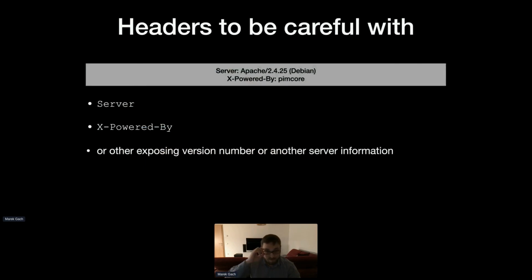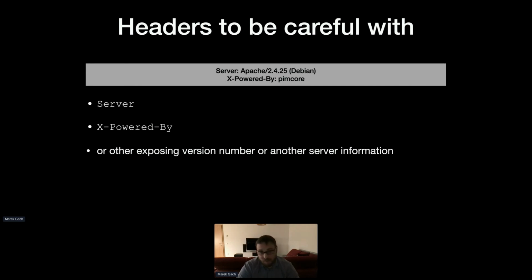Well, there are other headers you should be careful about. Those are the headers which are exposing something which can be used by some bad guy, a hacker. It is not a good idea to expose versions. That means you expose something like Apache and some version, and the operating system which is being used. Also, sometimes it's not good to expose even the system itself.